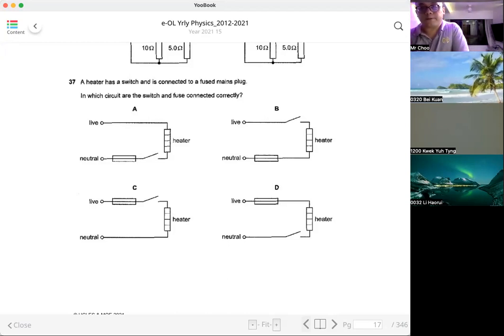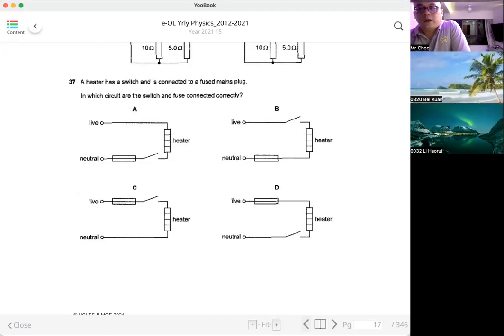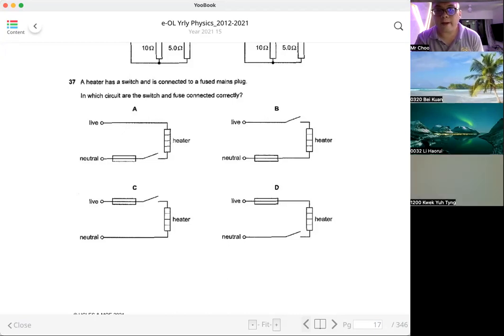Yiting, you may go. Bei Kwan, you may go. Wait. Bei Kwan, your first formula is wrong. Give me the E equal to PT. Can you expand that?